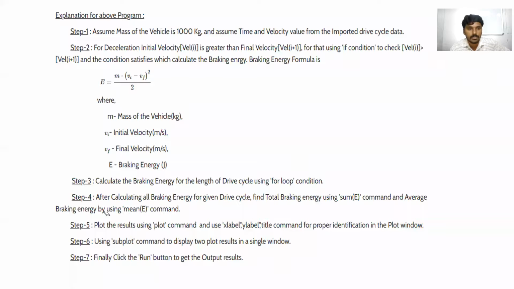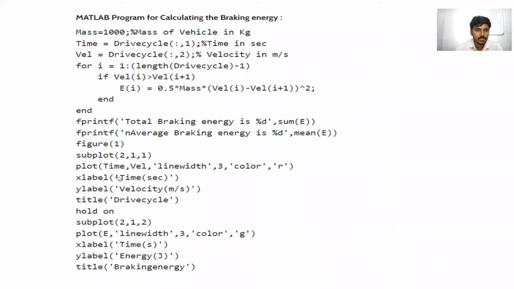Clear? Next, step 5, plot the results using the plot command and use the xlabel, ylabel, title commands for proper identification in the plot window. Means after entering all these values, we have also given the plot in the program. In the plot, we take time and velocity: on the X axis we are taking the time, and on the Y axis we are taking the velocity, and for that graph we have given one name.